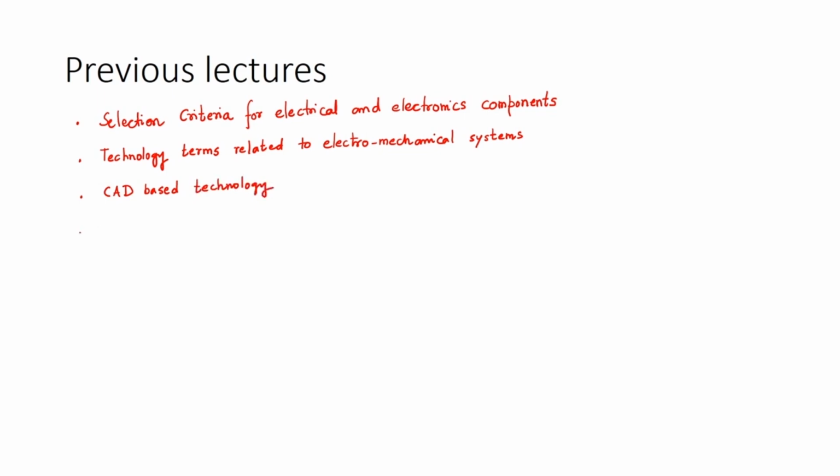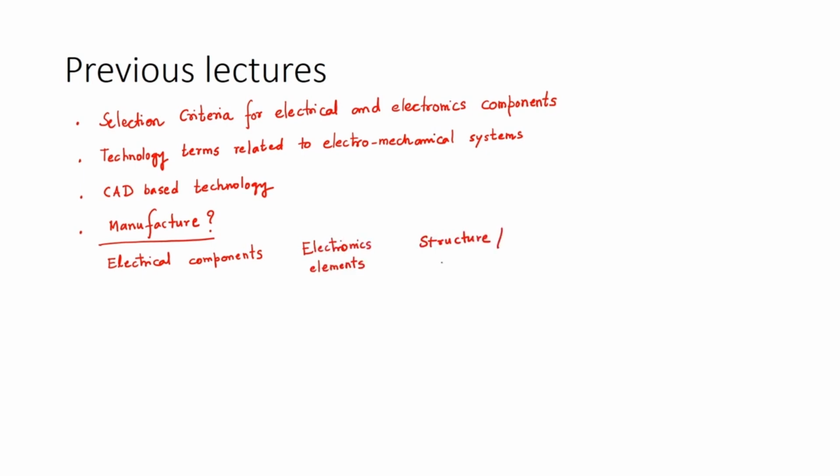Now comes how to manufacture various elements of an automated system. Let us look at what are the various components which are there in a typical automated system. A typical automated system may have electrical components, electronics elements, and the structure or the body of the system.